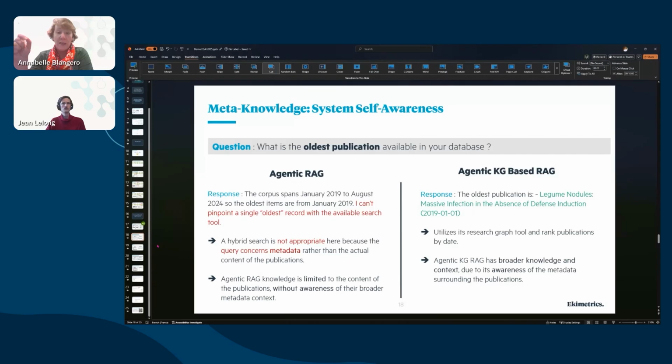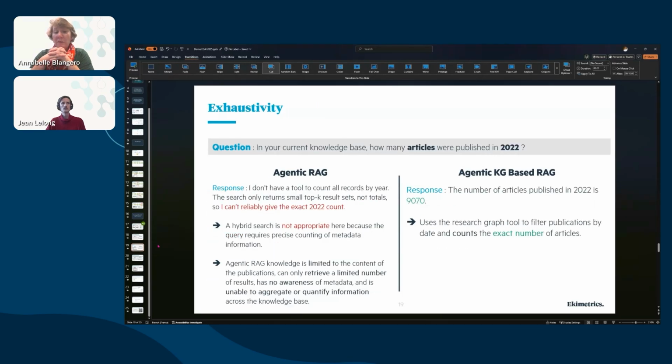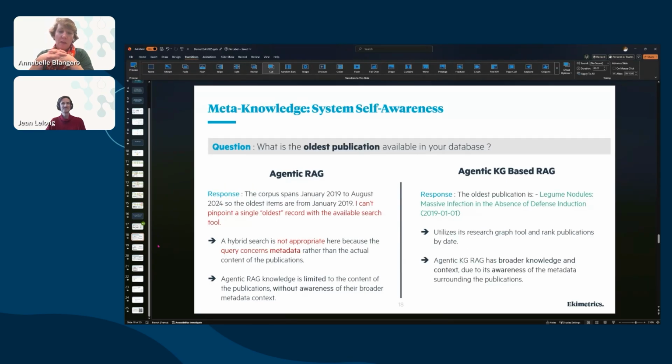Because it is using the research graph, it is able to then rank publications by date and give the oldest publication that it has in this database. So this question, even if it's not multi-hop and it's simpler than the previous example, an Agentic RAG is still not able to provide a correct answer on this.